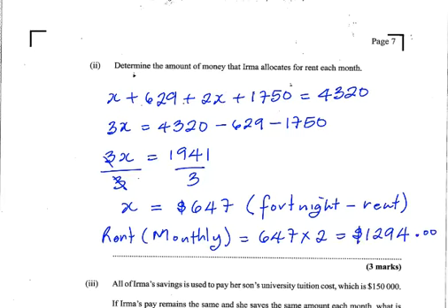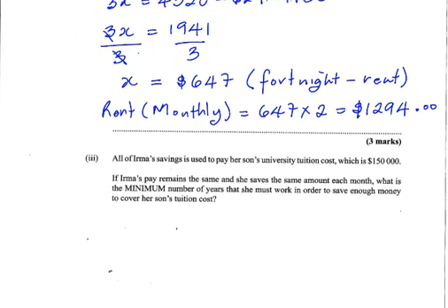So the amount of money Irma allocates for rent per month is $1,294.